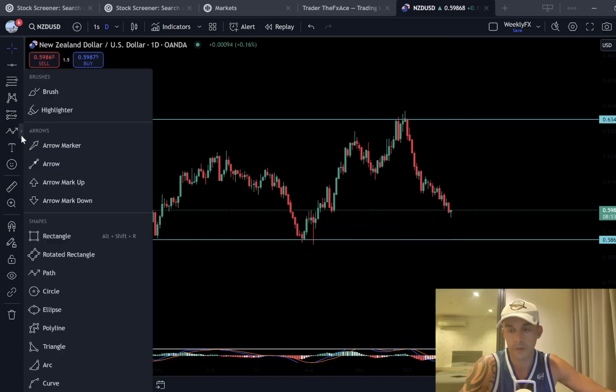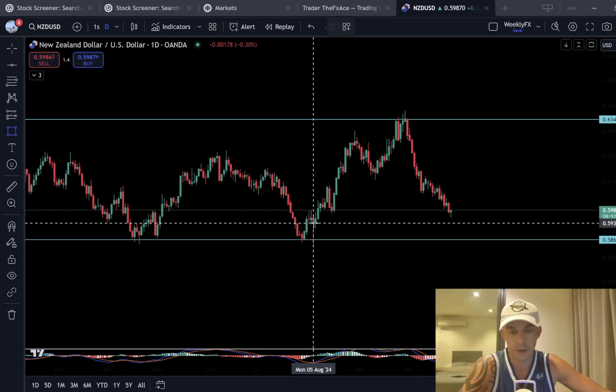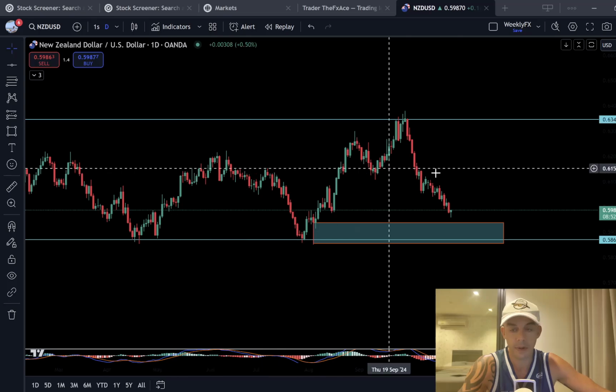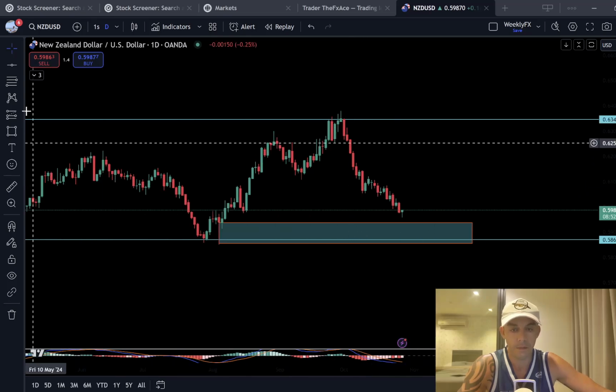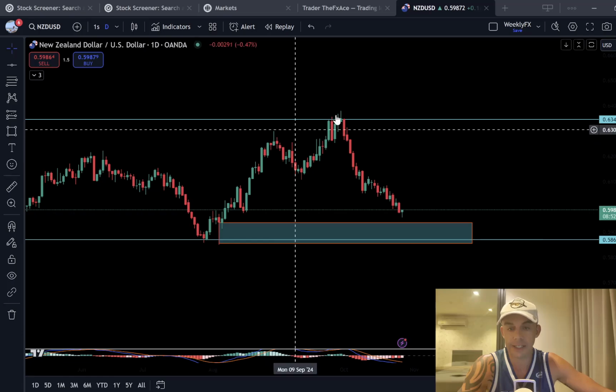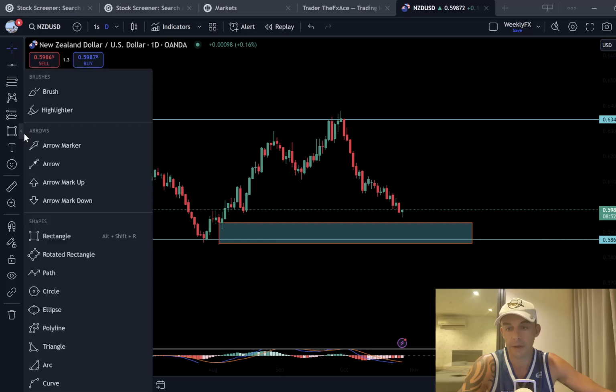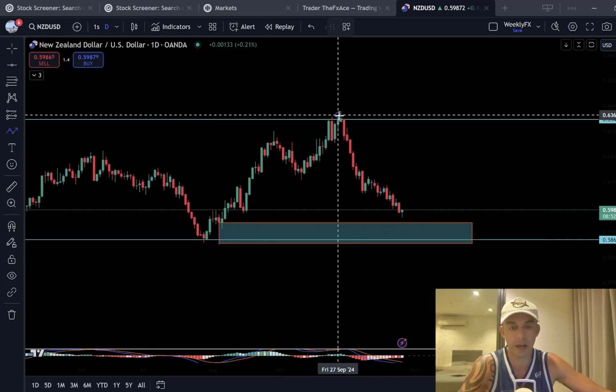We have this daily buy zone here. We can see the change in momentum on the daily chart, with price action telling us we have this huge momentum move down.